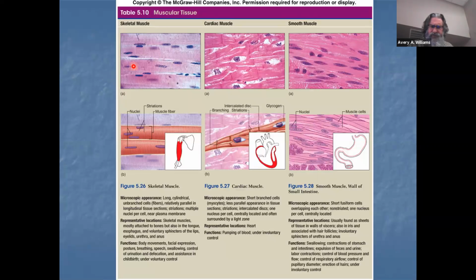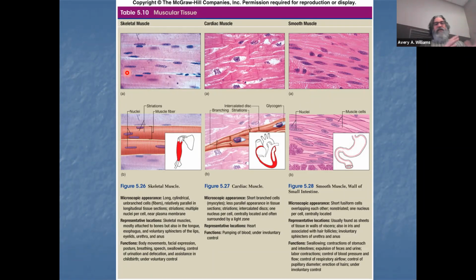And another thing too, if you look at it from this view, if you look carefully, you can see these vertical little stripes, or striations. You see that? That's not unique to skeletal muscle, but it is very apparent. And so we often describe the fibers of skeletal muscle as being striated. So a striated muscle has these stripes on there. What is that? Well, that's an artifact of the contractile proteins that are in the cytoplasm.